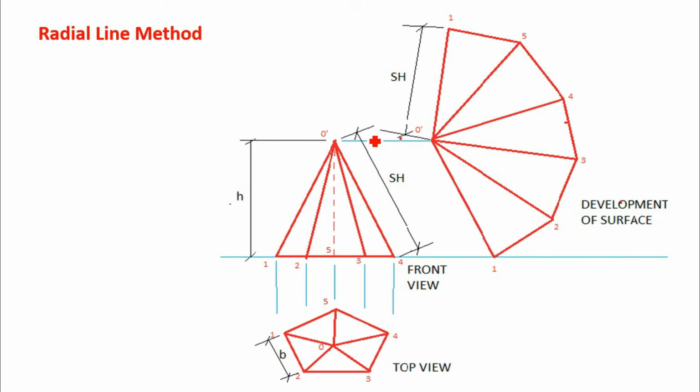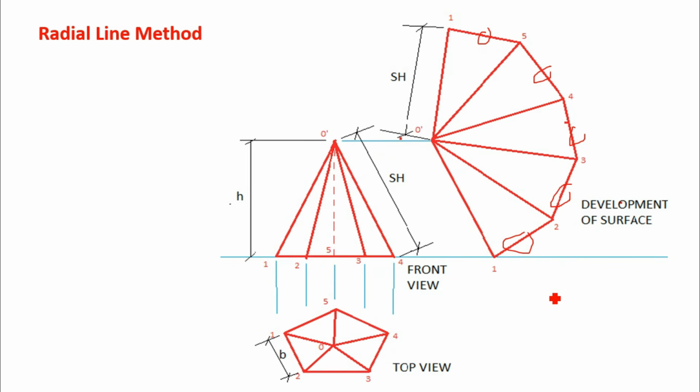After that we have this slant height, and we use this slant height in the development of surface. Here also we are getting straight edges because it is a pyramid. In case of a cone, we will have a curve here, but here we have straight edges. So this is the same apex. Now what is the gap between point O and O dash, and 1, and why this line, what are these? I have explained all these in the coming videos.